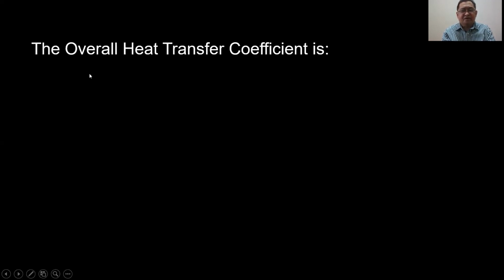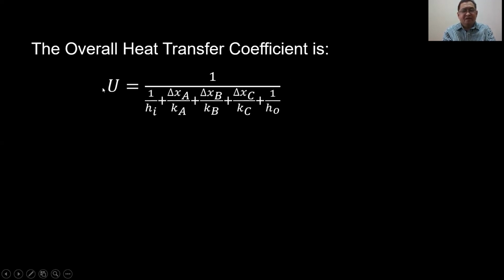Your overall heat transfer coefficient, capital U, is equal to 1 over the resistances: 1 over h sub i plus delta x sub A over k sub A plus delta x sub B over k sub B plus delta x sub C over k sub C plus 1 over h sub o.